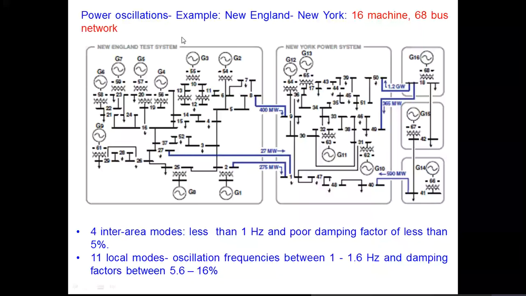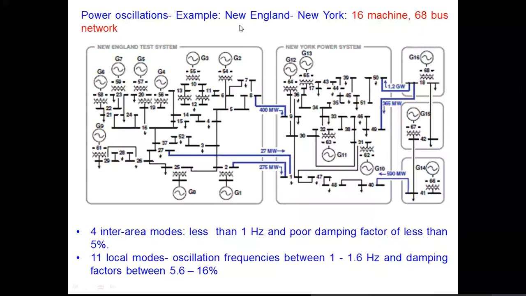So I have another example here, and this is a larger system. The previous example was on a simple two area system, but this is the example for 16 generators and 68 buses in the network, and sometimes we call it the New England, New York model or network system.